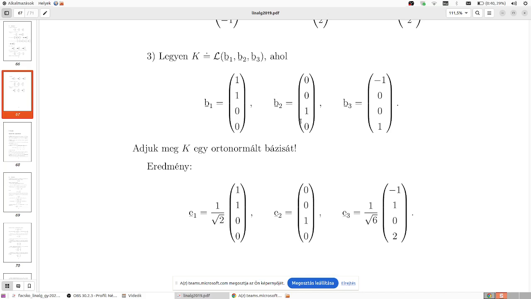Okay, so this is the A3. So I need the normal vector.